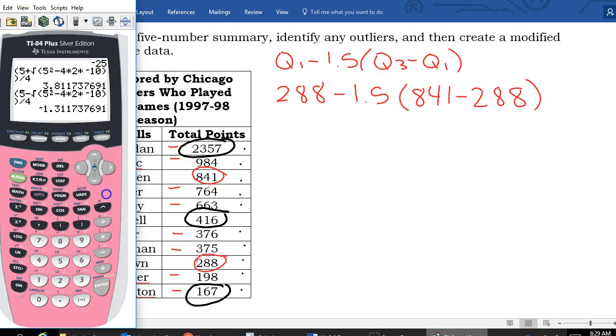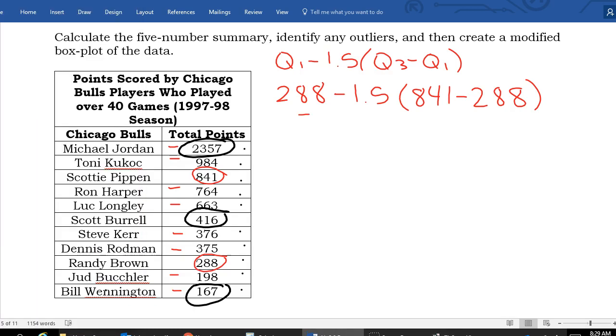I got an extra parentheses in there, but it's not going to make a difference. So that is negative 541.5. Now, obviously, no one scores negative points in a basketball game. So we don't have any values lower than negative 541.5, so we have no lower outliers.